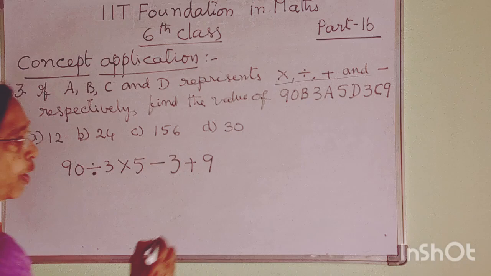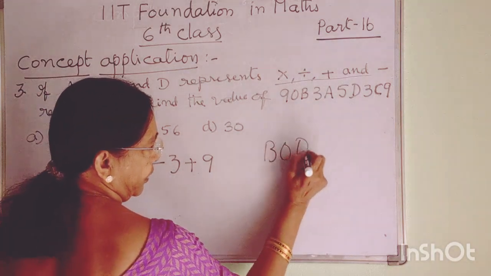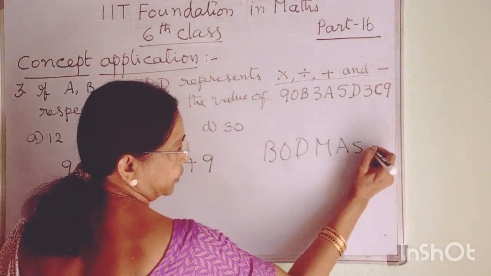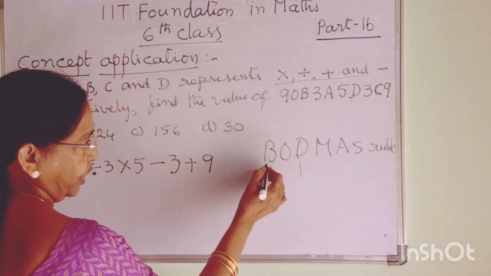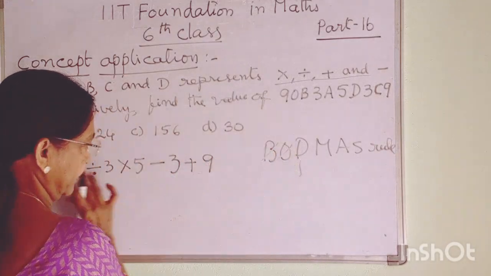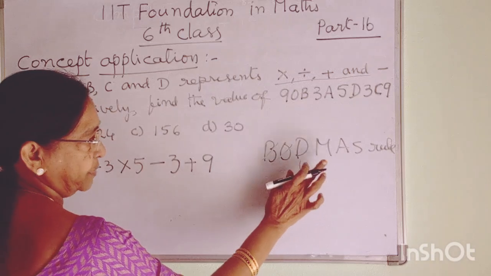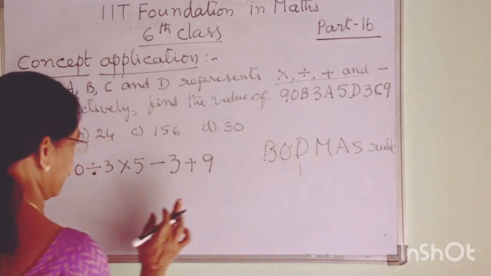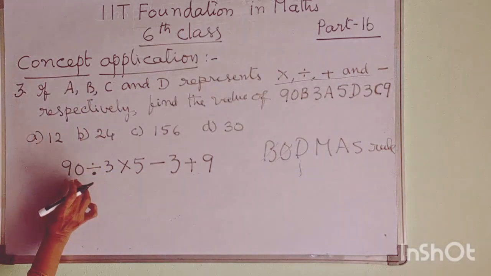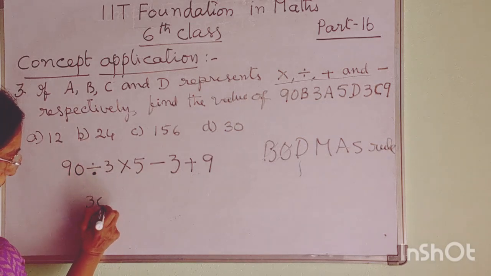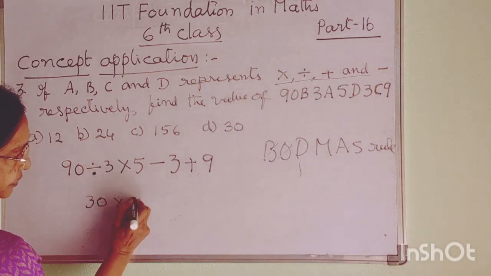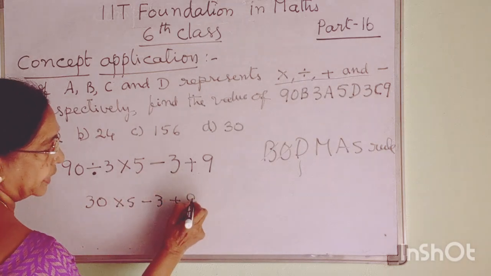So, according to the BODMAS rule, we have to do the division first. No brackets and no 'of' in this expression. Therefore, division, multiplication, addition and subtraction. So, we have to do the division first. 90 divided by 3 is 30, into 5 minus 3 plus 9.